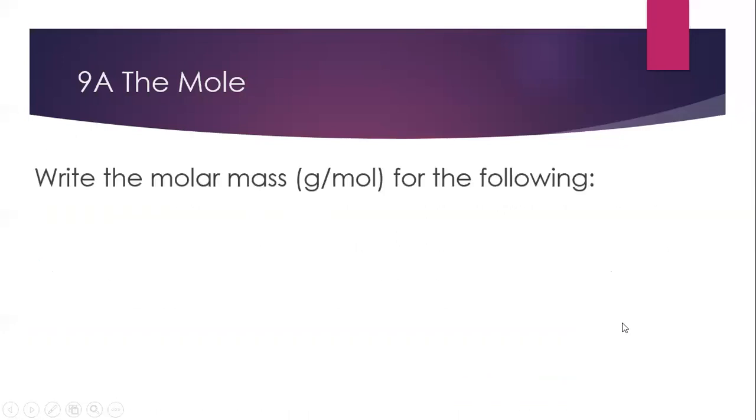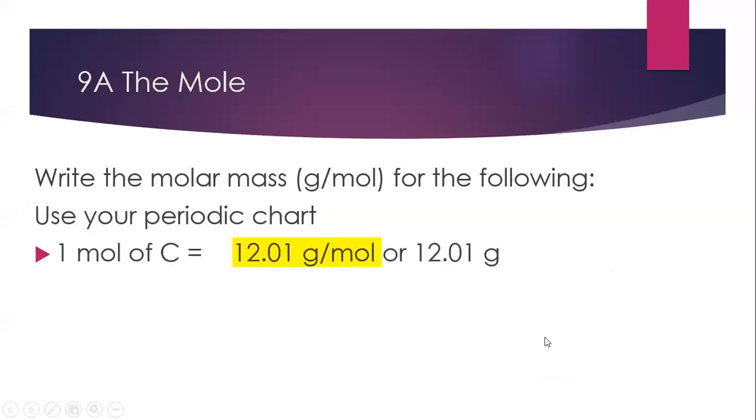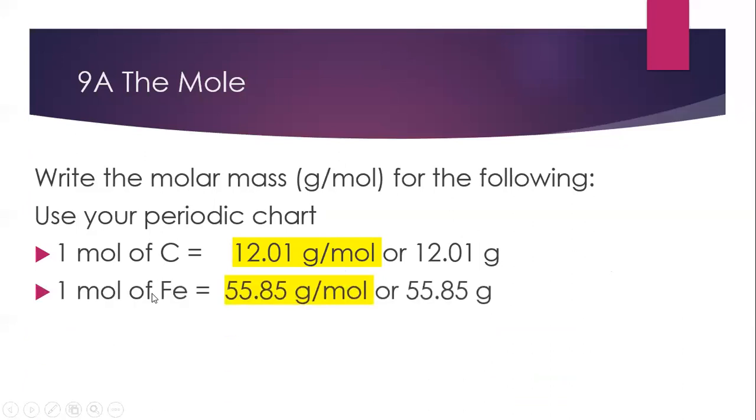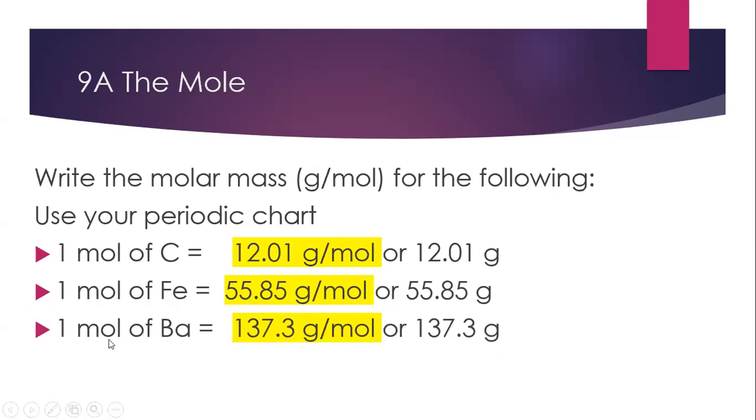Okay, write the molar mass or grams per mole for the following. So on your notes, okay, use your periodic chart. In your notes, it asks you for 1 mole of carbon equals, well, we've got the 12.01 grams per mole. 1 mole of iron, Fe, 55.85 grams per mole. 1 mole of barium, 137.3 grams per mole.